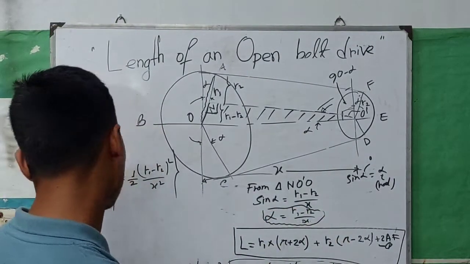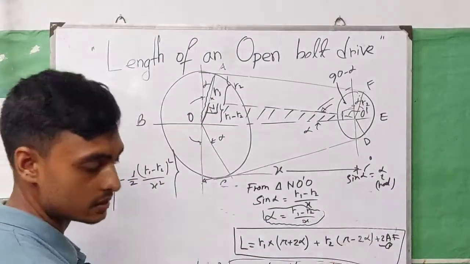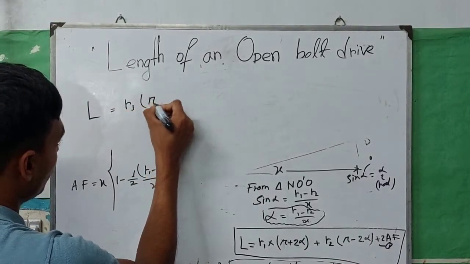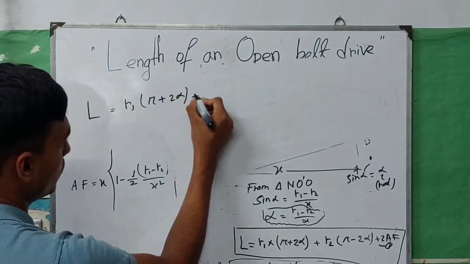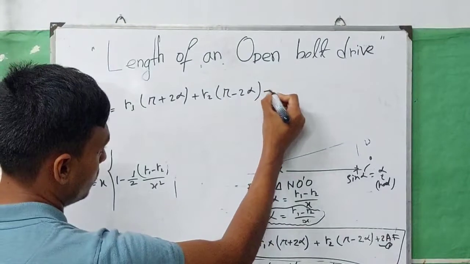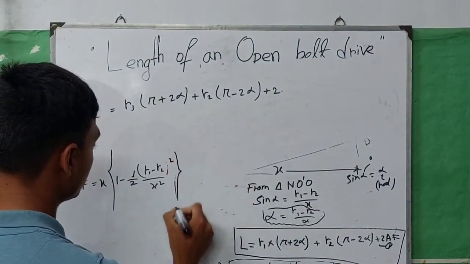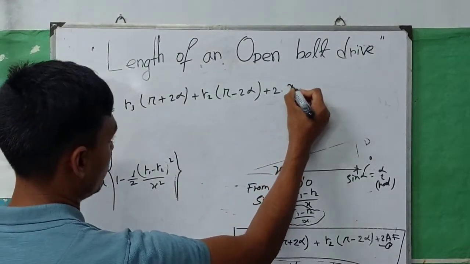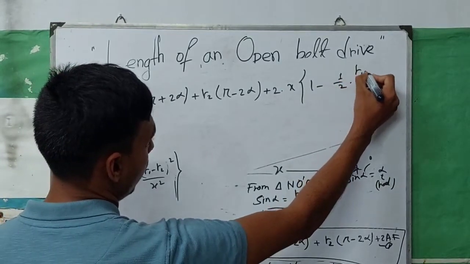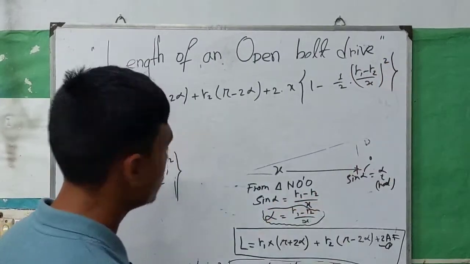Now we put the value of AF and alpha in equation 1. Then we get R1 (pi plus 2 alpha) plus R2 (pi minus 2 alpha) plus 2AF, where AF equal to x times 1 minus 1 by 2 (R1 minus R2 by x) square. This is our final equation.